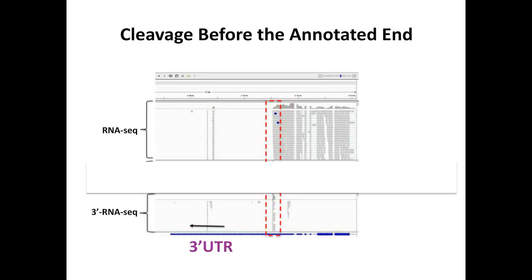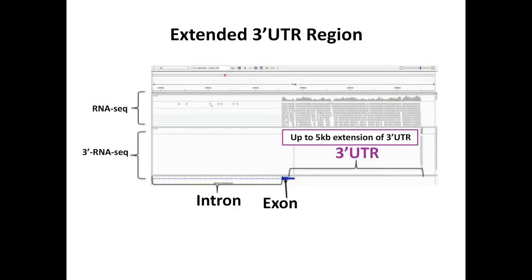So this is an opposite example. I forgot to mention in the previous slide, you could also see RNA-seq, because we had both 3' RNA-seq and RNA-seq data. In RNA-seq, this is consistent: we can see that the RNA-seq data also shows lots of reads mapping to this area, but there's nothing in the gene model showing whether there's a gene or not.